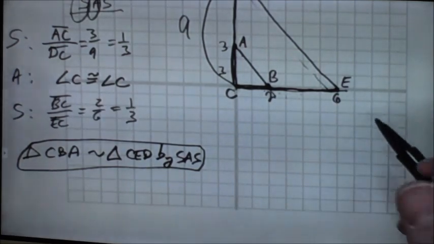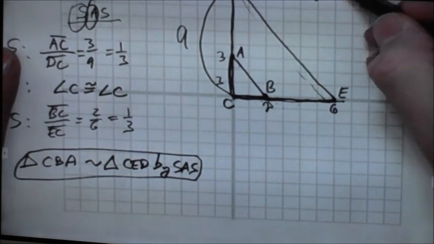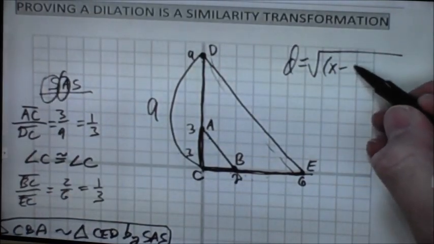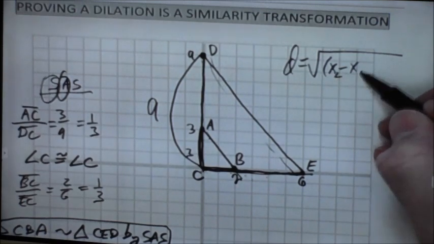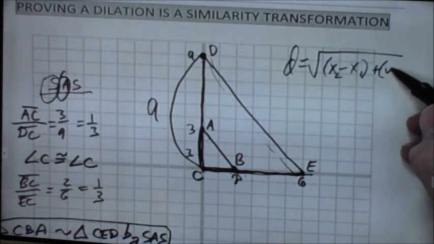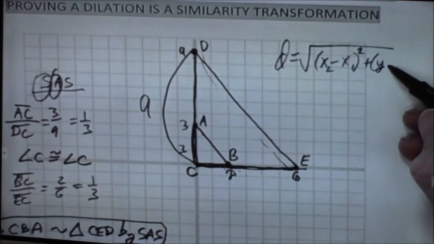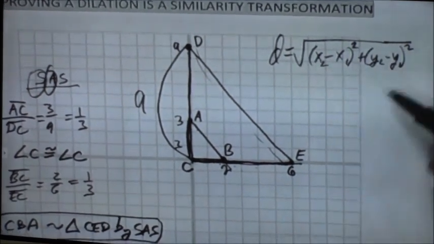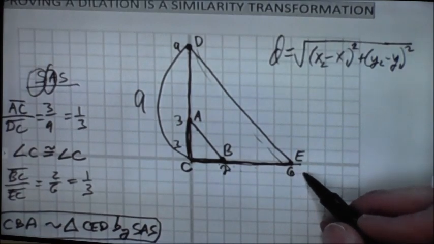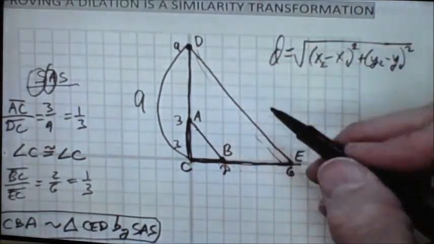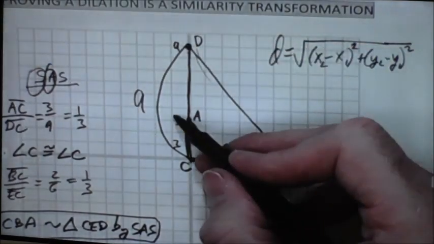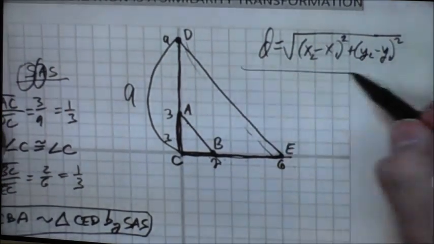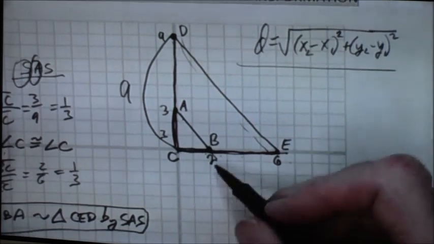So what we're going to do here, as a reminder, the distance formula is d equals the square root of x2 minus x1, squared, plus y2 minus y1, squared. So you can calculate that, but I find it a lot easier just to use a squared plus b squared equals c squared.